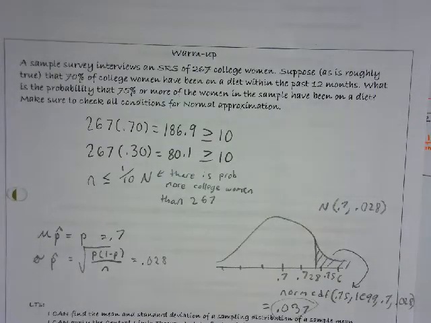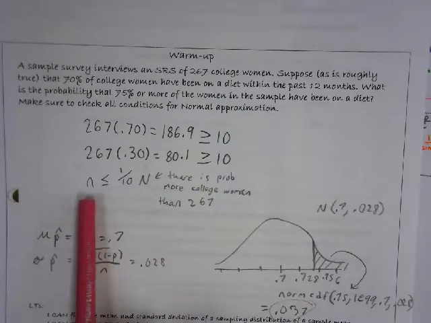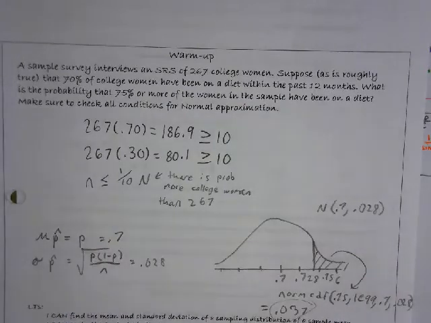Alright, so Calvin checked the first two, n times p greater than or equal to 10, n times 1 minus p greater than or equal to 10. You also have to check that your sample size is less than or equal to 1/10 of the population.